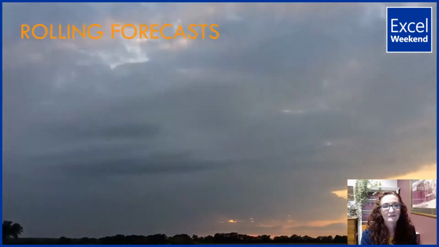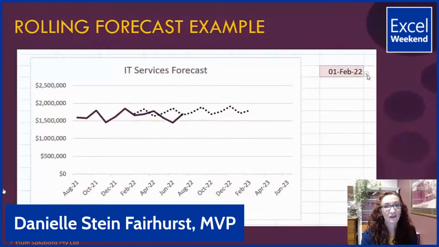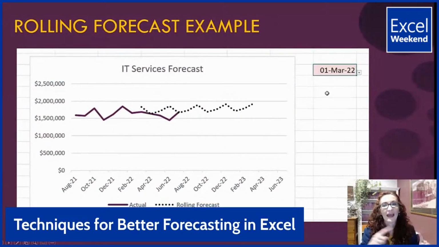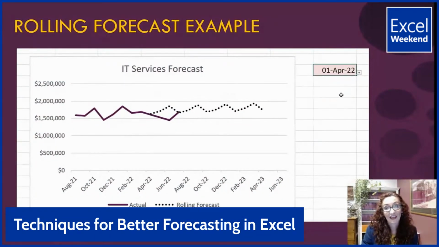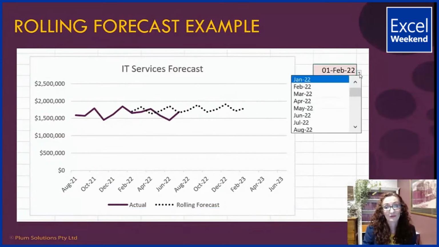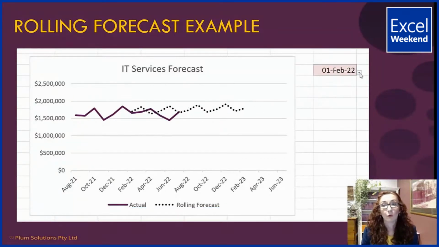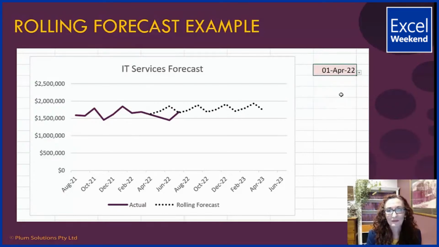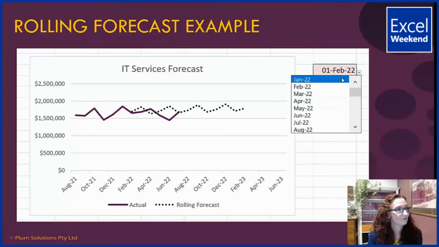So your forecast is going to look something like this. As you add your actuals in, your forecast is going to roll forward for a 12-month period. So let's have a look at how to build something like this in Excel.